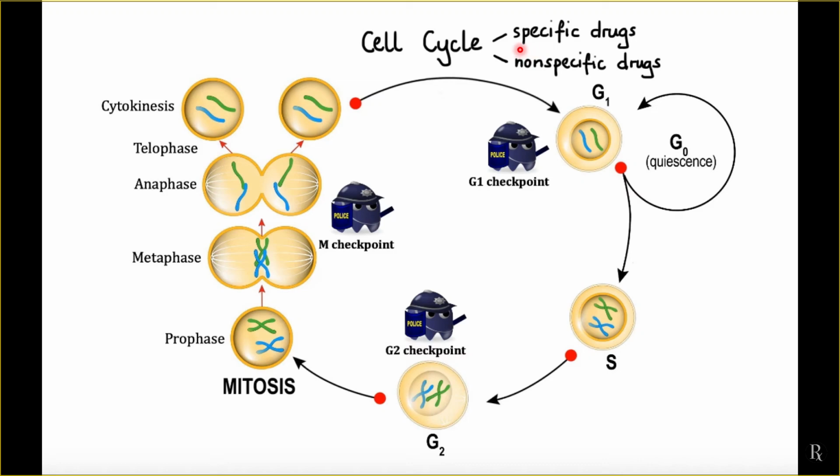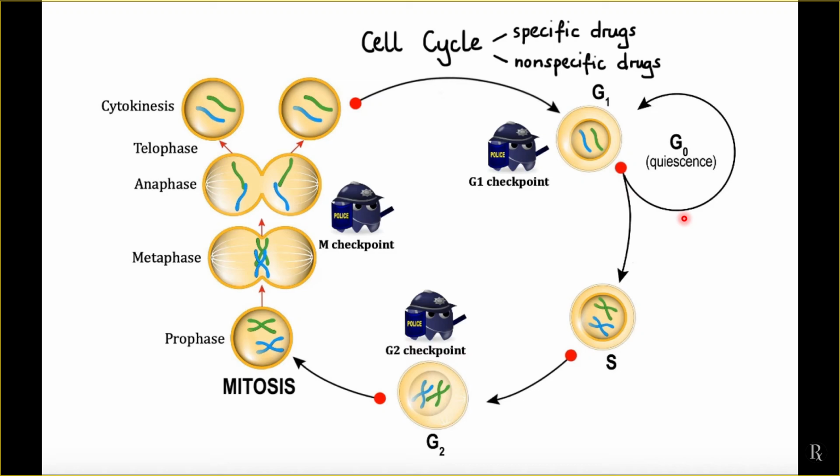The cell cycle specific drugs will influence one of the cell cycle stages, division stages, and will only be effective if the cell cycle is in that specific phase. Cell cycle non-specific drugs will be effective independent of the cell cycle phase.